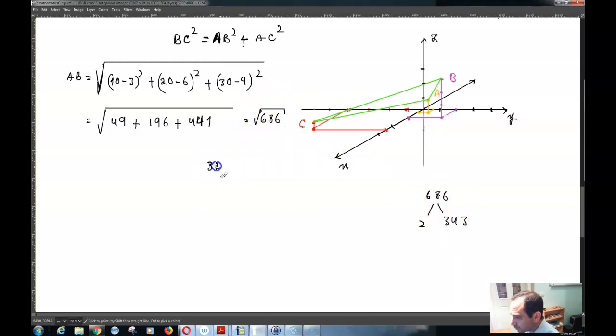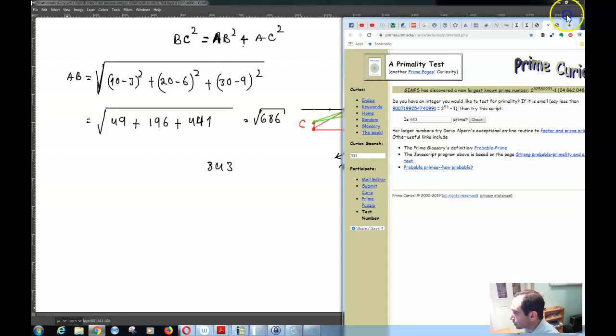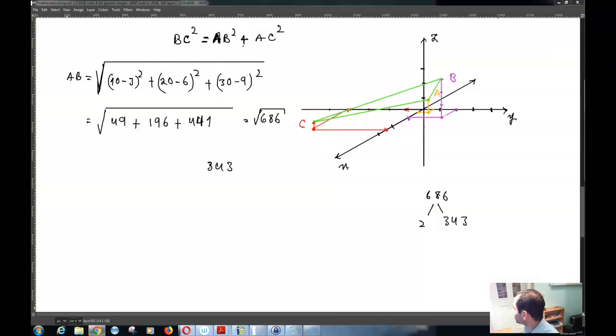So 343, we said that to check the divisibility by 7, you double the last digit and subtract it from the leading truncated number. So 34 and double the last digit, 6. If you subtract it, you'll get 28. 28 is, of course, 4 times 7.